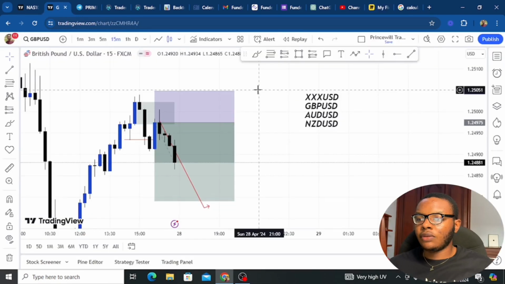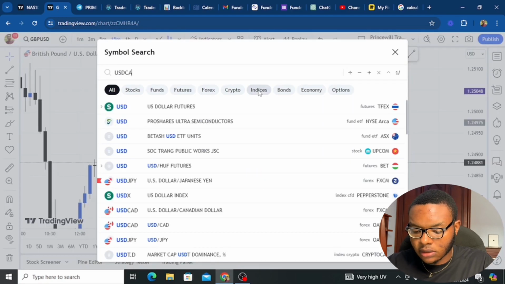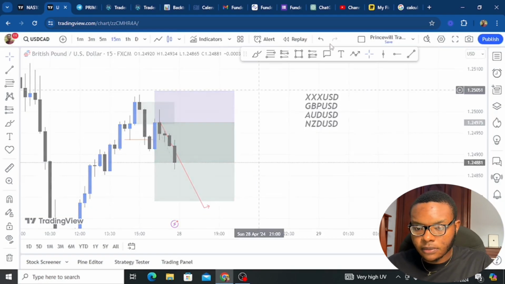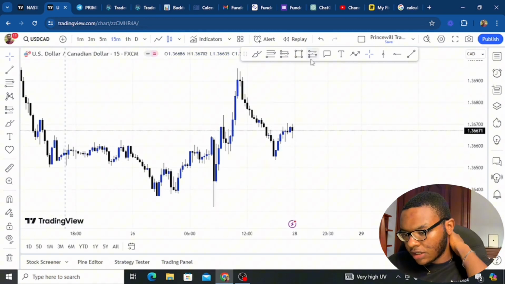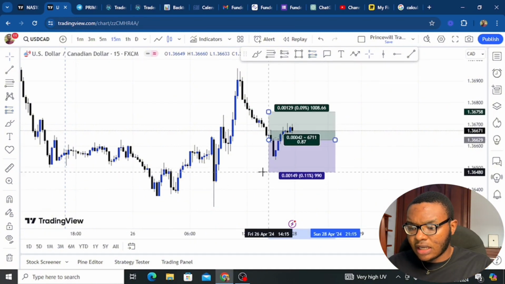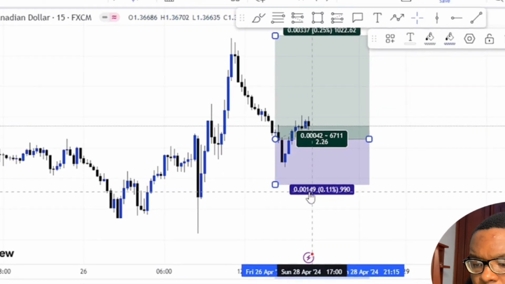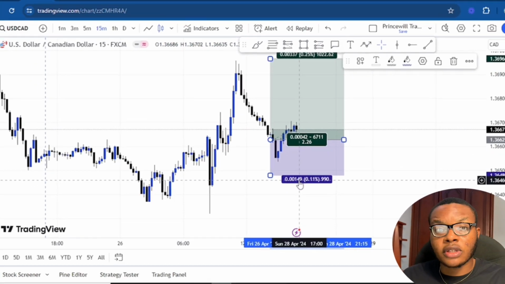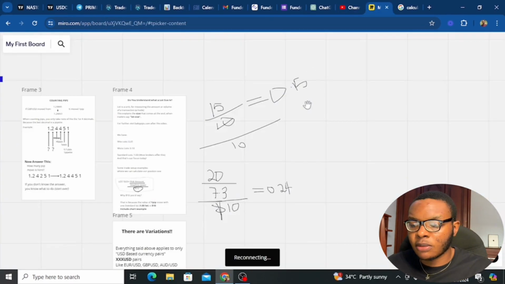Let's say you're taking a buy on USDCAD, and it clearly shows here that your stop loss is 14.9 pips. So understand that your stop loss is 14.9 pips.